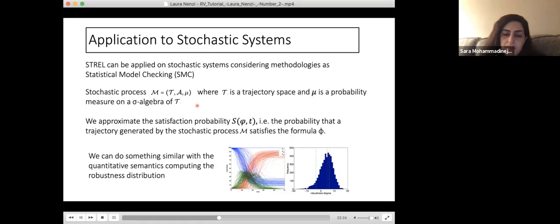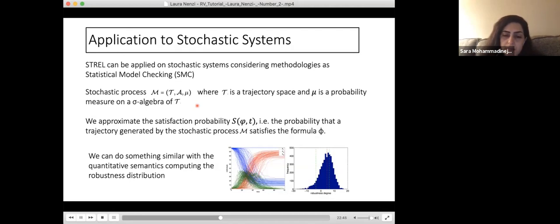So for example, think of the beginning, the deterministic result of the numerical integration of the infected recovered individual system, the epidemic system.